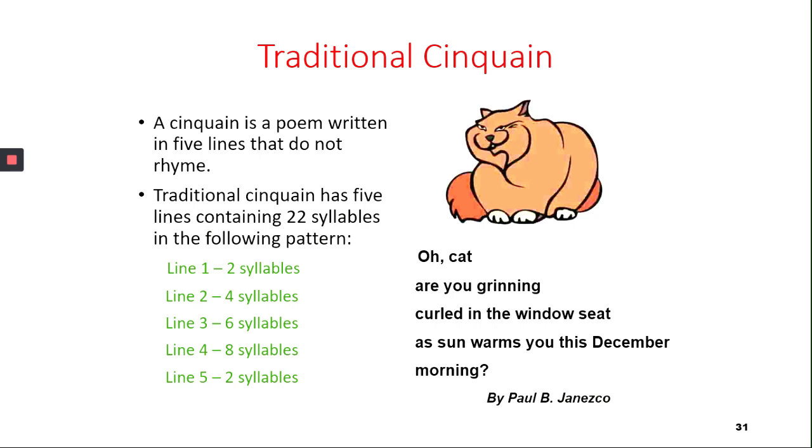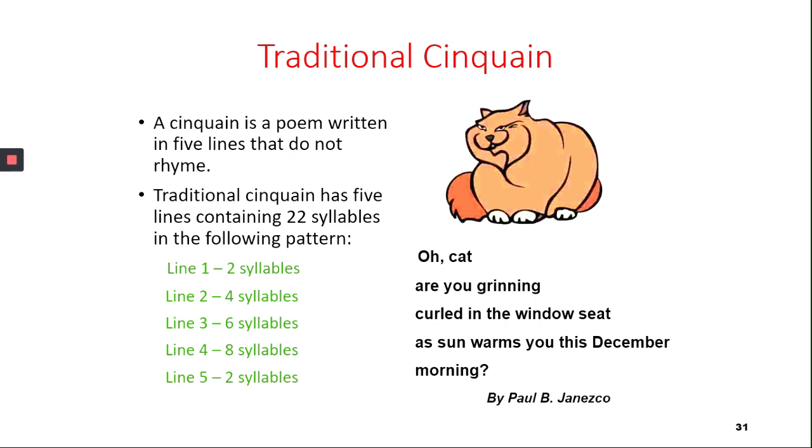We have Cinquain, traditional Cinquain. A cinquain is a poem written in 5 lines that do not rhyme. Traditional cinquain has 5 lines containing 22 syllables in the following pattern.